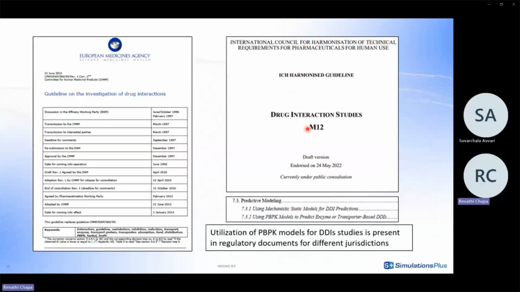Okay, so these are another few guidelines on the investigation of drug interactions. This one is from EMA, and then there is also the drug interaction studies guideline, which is the ICH harmonized guideline.